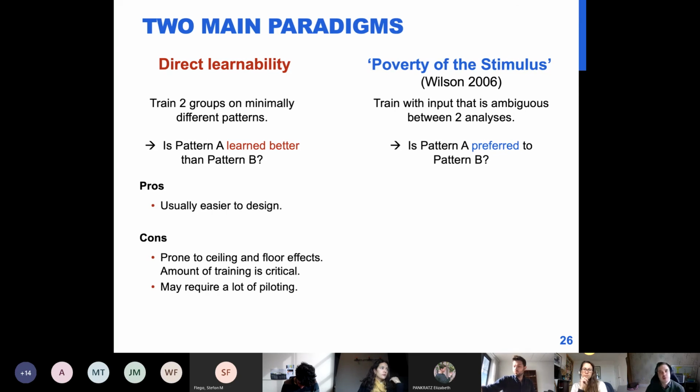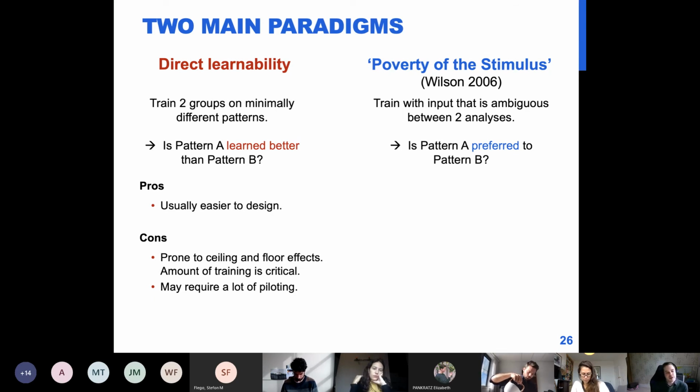So from my point of view, a couple of practical notes. Some pros of using the ease of learning or direct learnability paradigm is that it's easier to design usually. It's much easier to come up with this idea of, well, I want to compare two patterns. I'm just going to teach each of them to different groups of people and see which one is better. So it's easier to design.